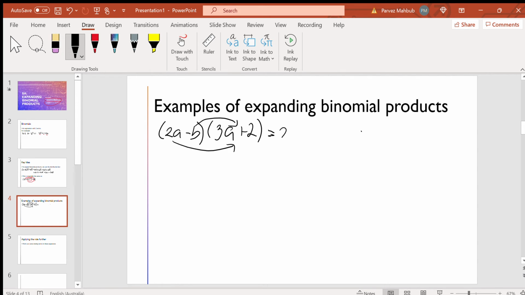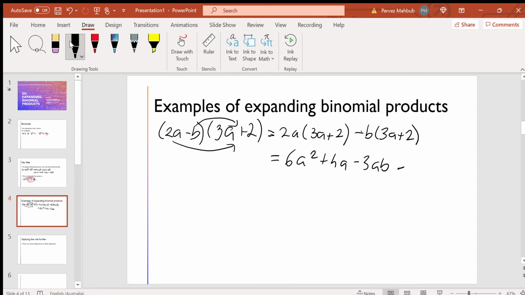So 2a times 3a plus 2 minus b times 3a plus 2. And if we expand this, it becomes 6a squared plus 4a minus 3ab minus 2b.